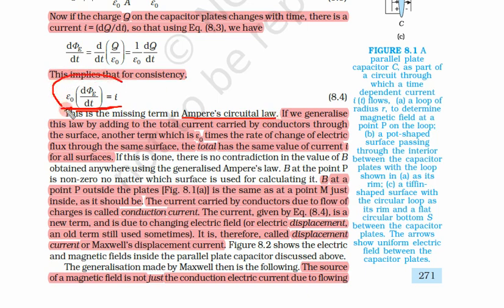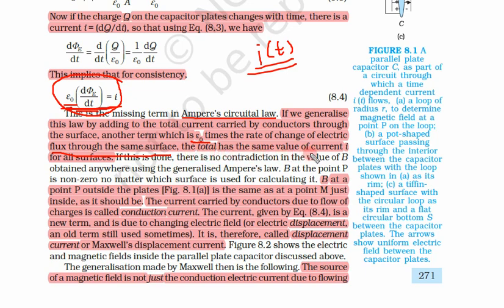So ultimately we found a new current that was missing from Ampere's circuital law. If we generalize this law by adding to the total current carried by the conductor through the surface another term, which is epsilon naught times the rate of change of electric flux through the same surface, this is our new term. The previous term was I of T, and this is the new term that we have found.